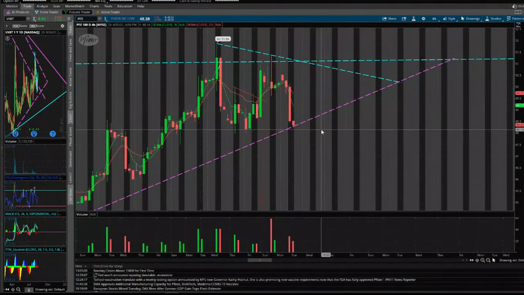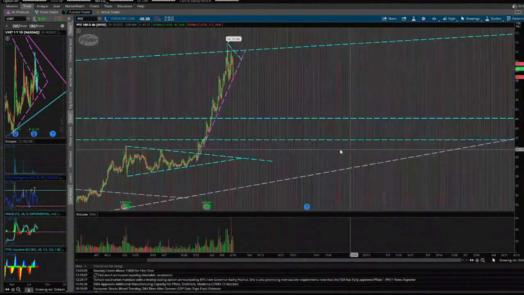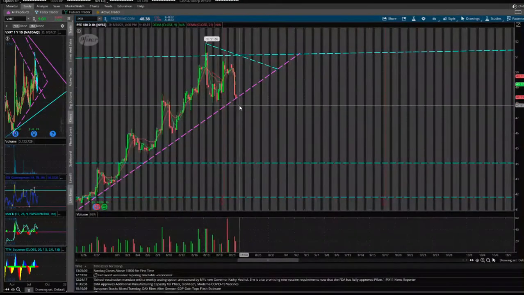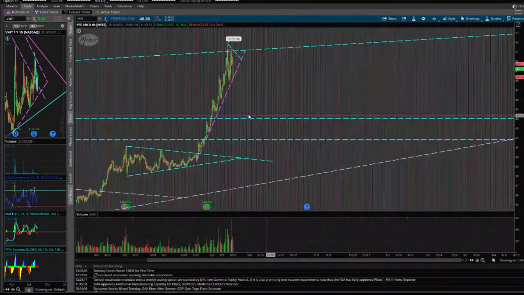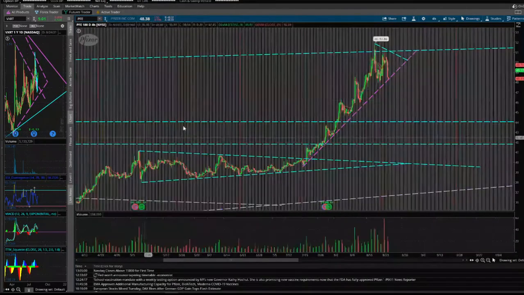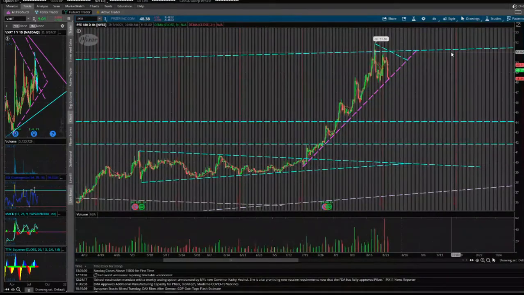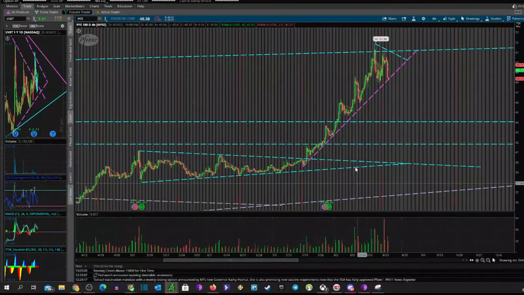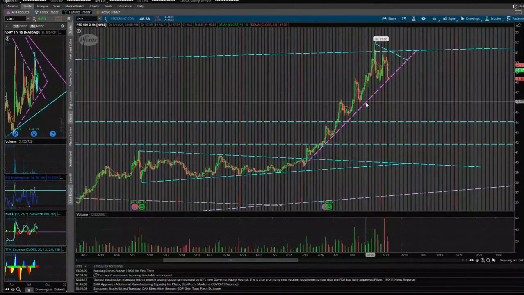My target is for long term, not for short term, but if we break under this area, we may see retesting at 44. Because if you see, from a few weeks, I think since 7/19, it's over 1 month that Pfizer is in uptrend. So we may see some retesting for the 44 area.